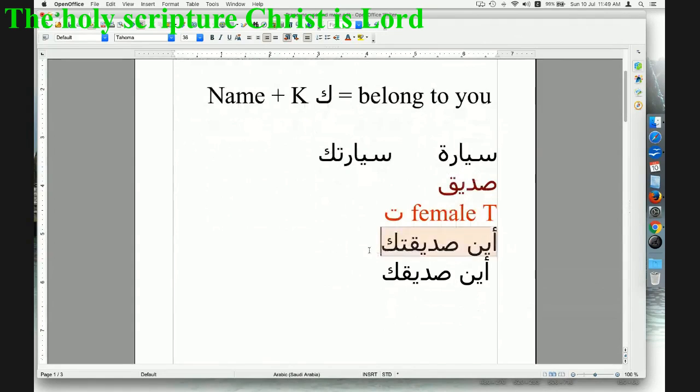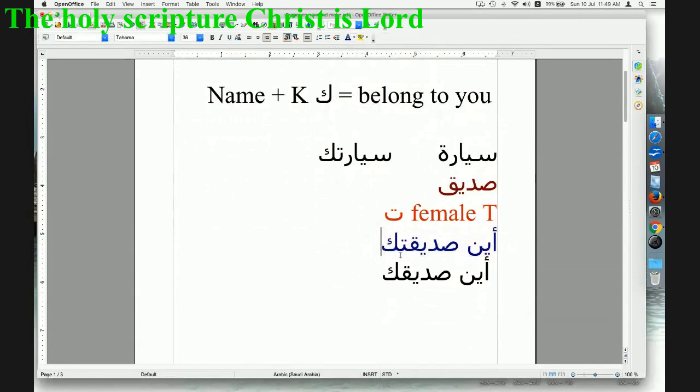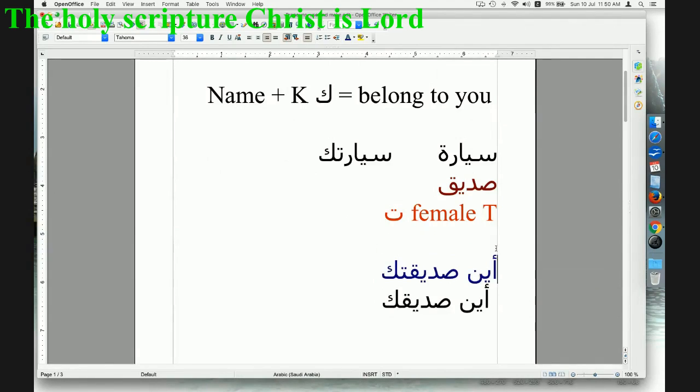So now we have the question for male and female. This is for male, I will make it in blue, and the other one is for female. أين صديقك؟ Now, based on the class we took last time, what should we say? You will answer me now. All right. I ask you, where is your friend? أين صديقك؟ أين صديقتك؟ So now it's time for you to answer me.